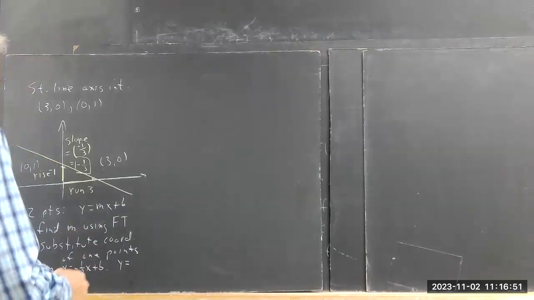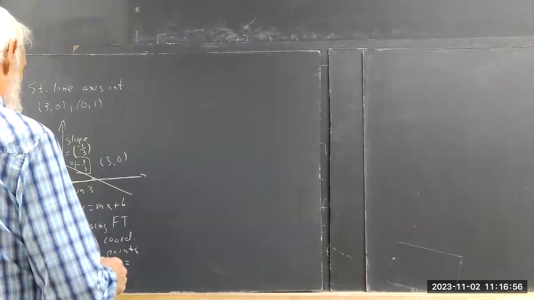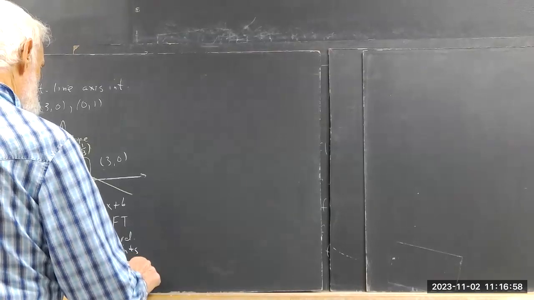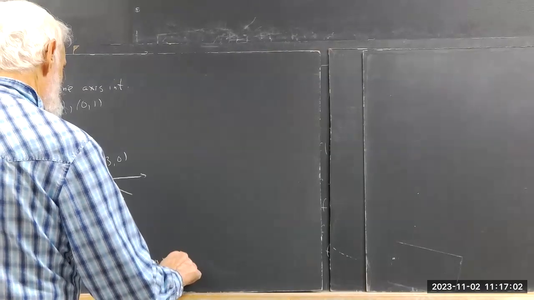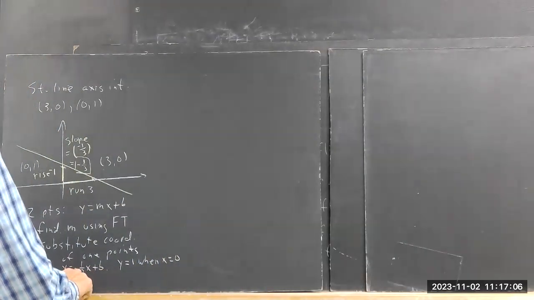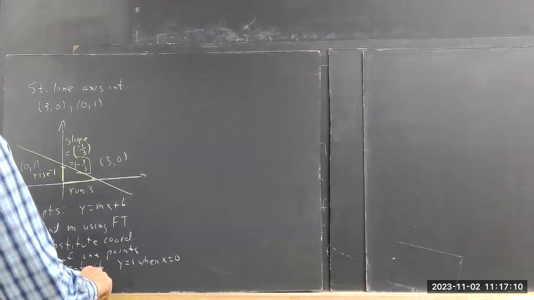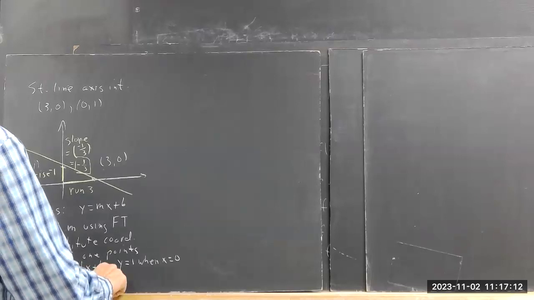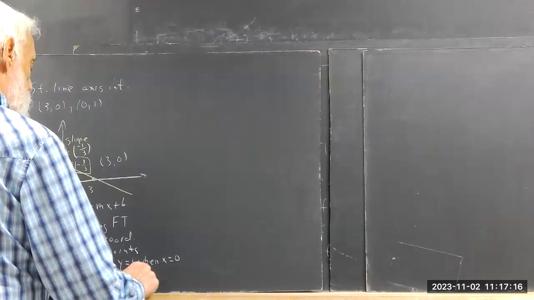Anyhow, y equals 1 when x equals 0. So we get 1 equals -1/3 of 0 plus b. And we solve that for b and we get b equals 1.